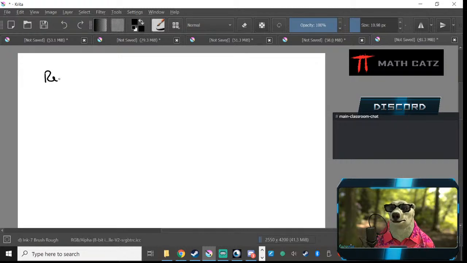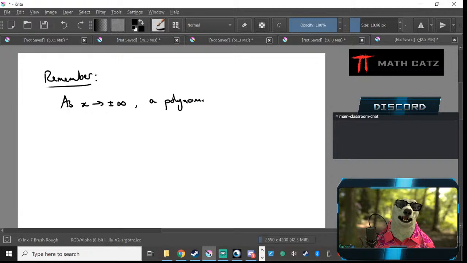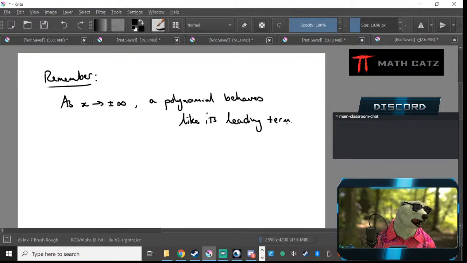So let's just remember, it was yesterday, but still remember. As x approaches plus or minus infinity, a polynomial behaves like its leading term. That leading term eventually dominates the whole thing if I just go far enough to either side.